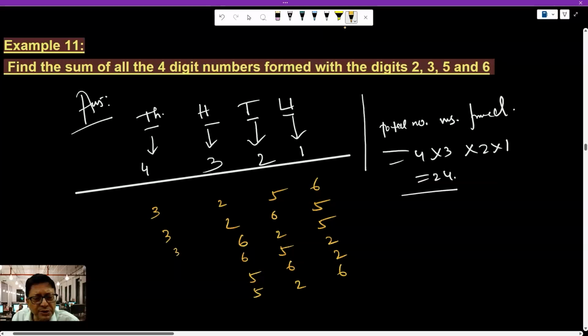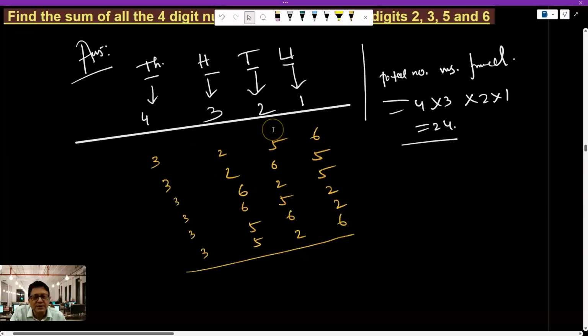All are starting with 3. So starting with 3, how many numbers are there? 6 numbers.